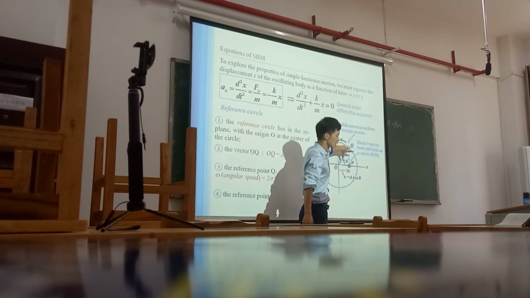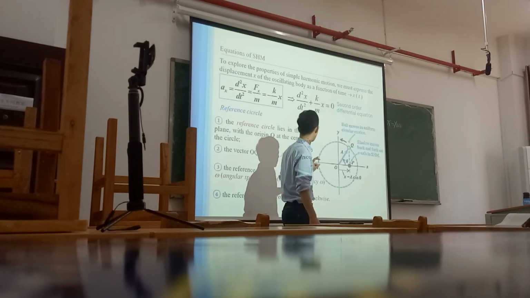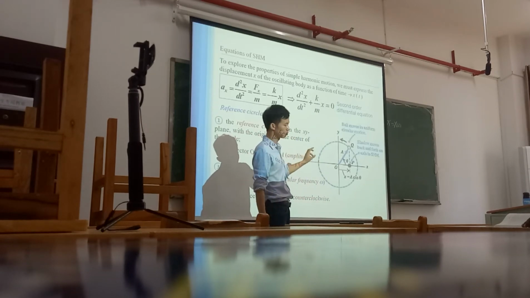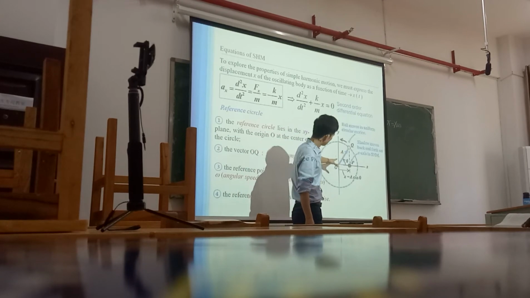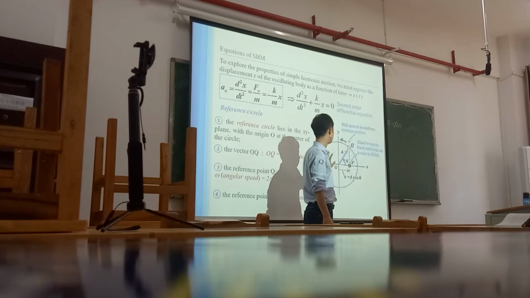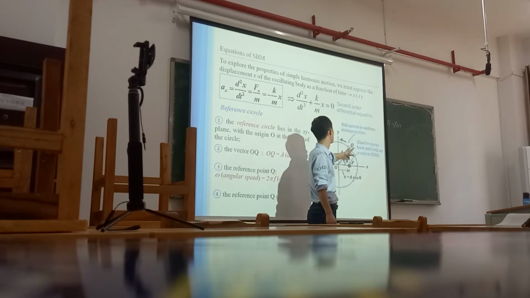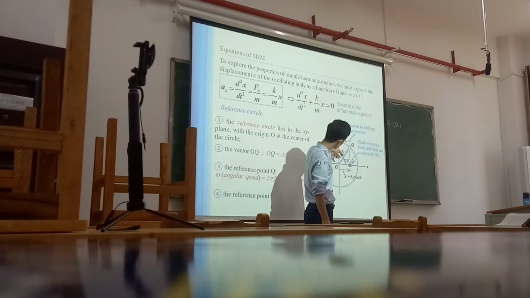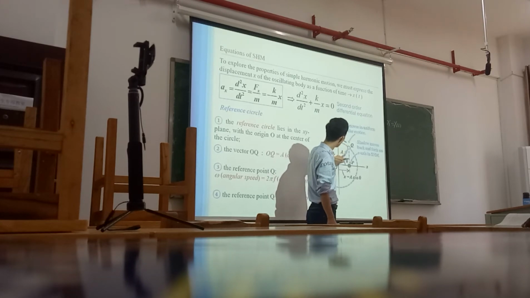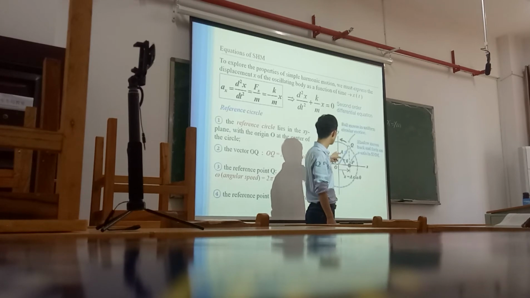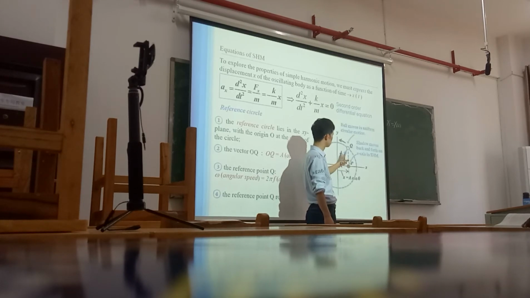The length of OQ is the magnitude, sorry, is the amplitude A. Well, we must know this is the reference circle, and Q moves around the circle. So we must let OQ equal to A, the radius of the circle equal to the amplitude A.